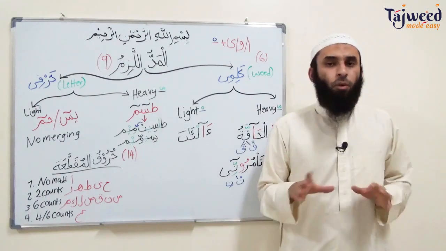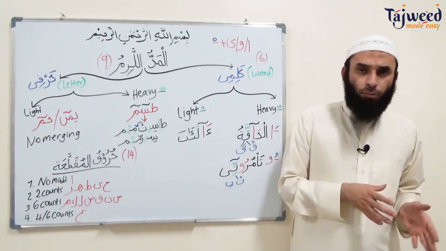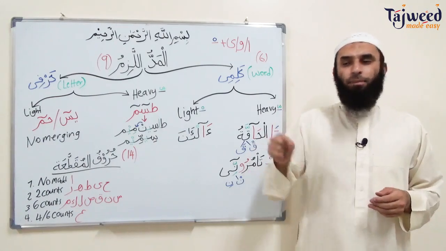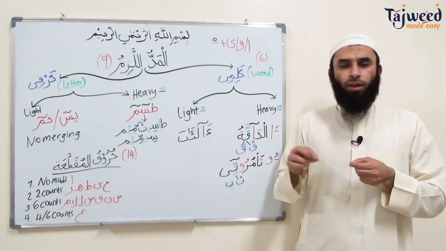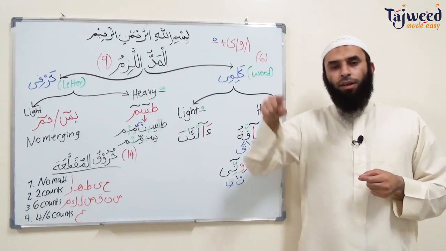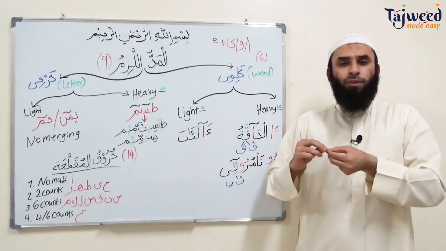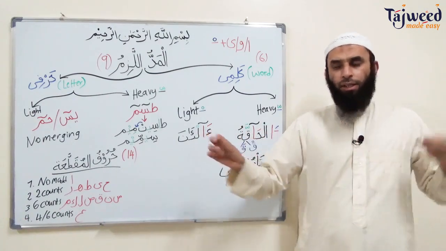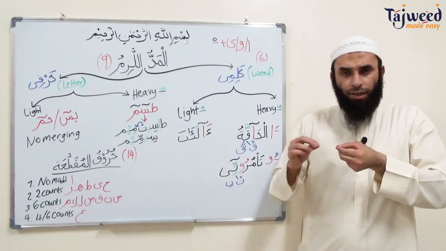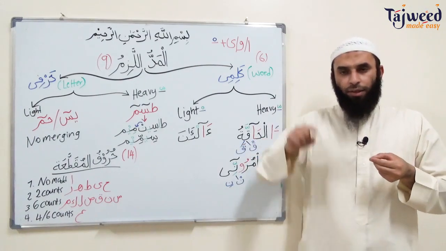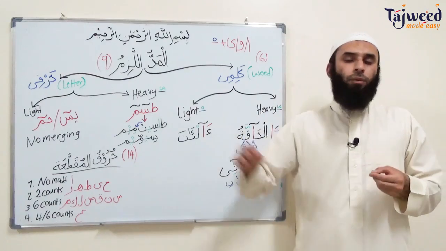When we're doing the mads, all the different types of mad, whether it's mad jaiz munfasil or wajib muttasil or this, we should not shake the mads. We cannot say وَلَا الضَّالِّينَ. Only straight. So al-haqqa, and not al-haqqa.